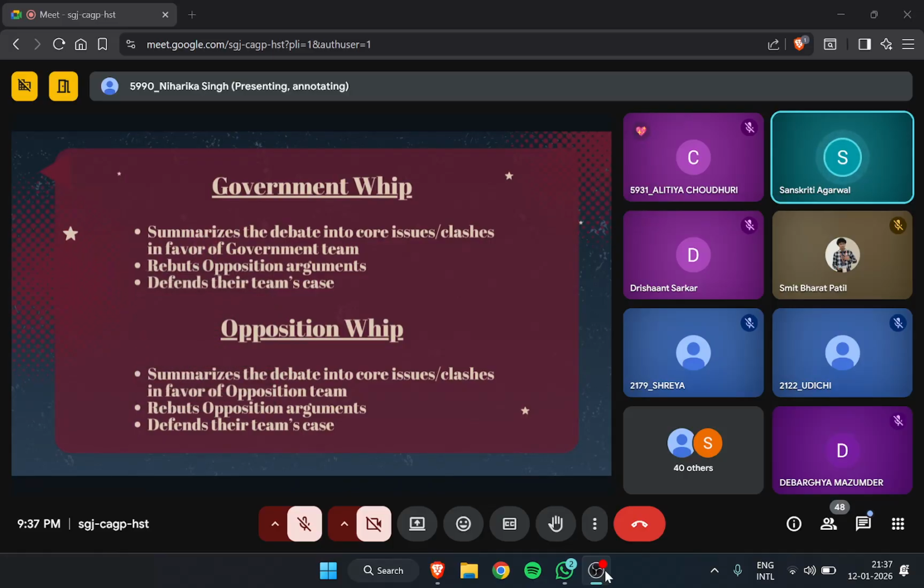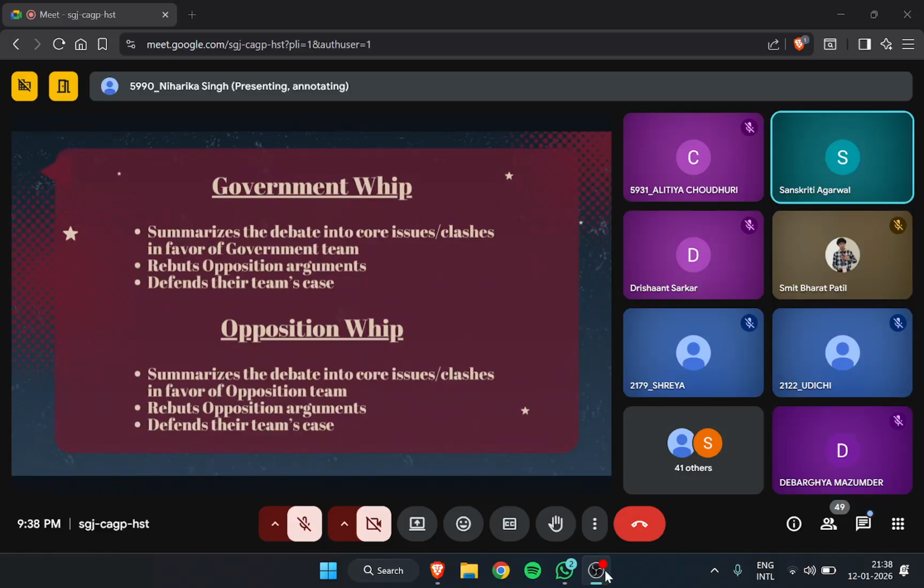Now, how do you go ahead and compare arguments? It's done on some particular factors, right? So I'll give you three factors here: impacts, importance, and likelihood. Impacts. So what does impact mean? It means how many people are getting affected, how much is the harm and how much is the good.